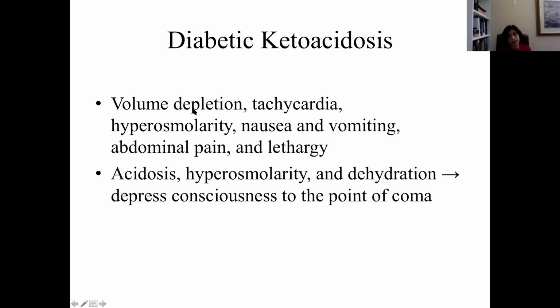Volume depletion. Okay. Now, why is there volume depletion? One, a patient with diabetic ketoacidosis could be vomiting, loss of fluid. And then the other thing is, because this patient has hyperglycemia, some of the glucose spills into urine.